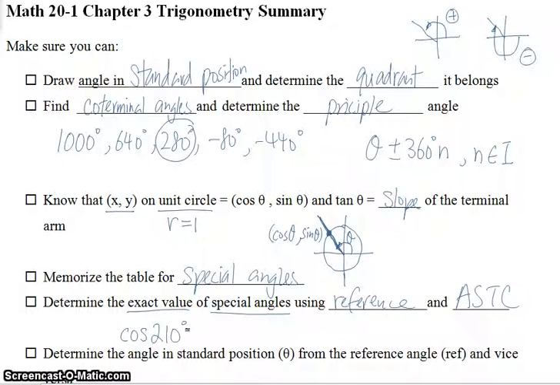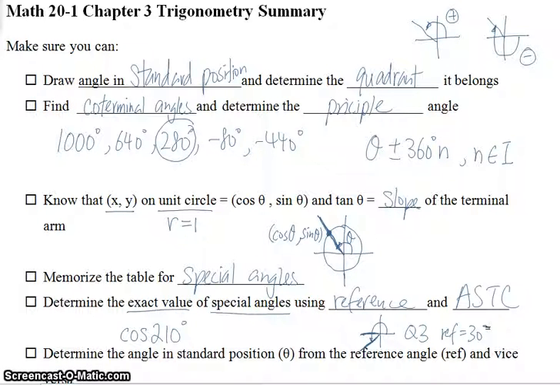The first thing you need to do is find out where the angle is and then find the reference angle. So for cosine 210, you first draw it, it is over here, so it's in quadrant 3. What's the reference angle? It is 30 degrees away from the x-axis. So the reference angle is 30 degrees.